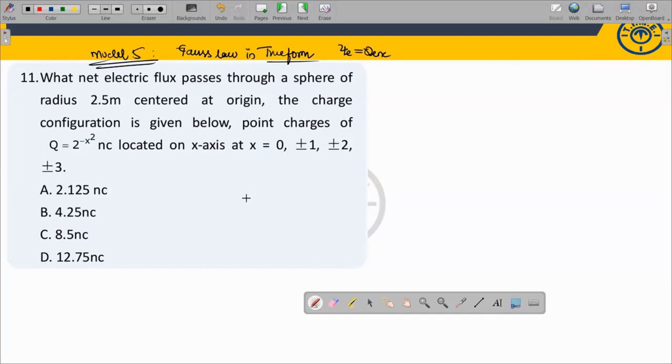Anyone got the answer? Are the people trying, or shall I explain?